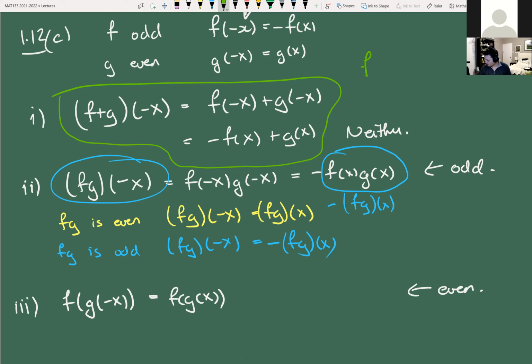So if it were even, we would get f plus g of negative x is f plus g of x. If it were odd, we would get f plus g of negative x is negative f plus g of x, right? This is neither of those two things.